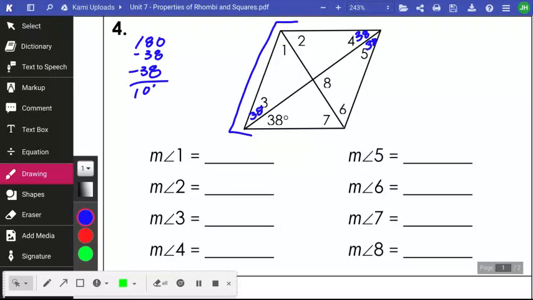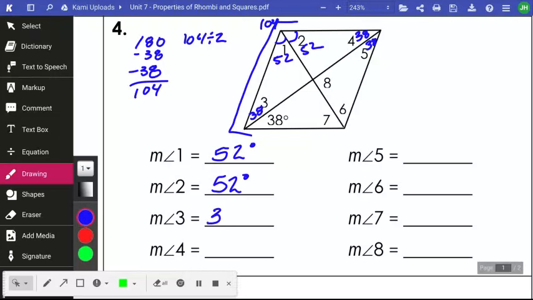And that means this entire angle is 104. But again, these 2 are equal, so I need to split it equally 2 ways. So I will do 104 divided by 2 so that I get 52 for both of these angles, meaning I have now found angle 1 and angle 2, because those angles are bisected.